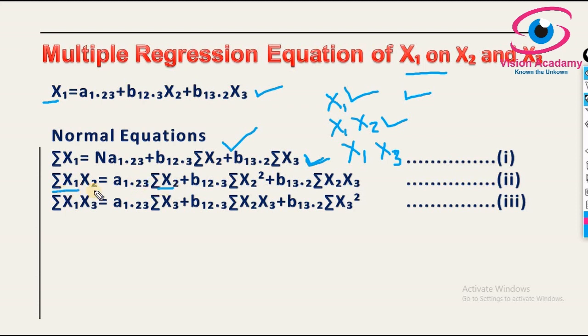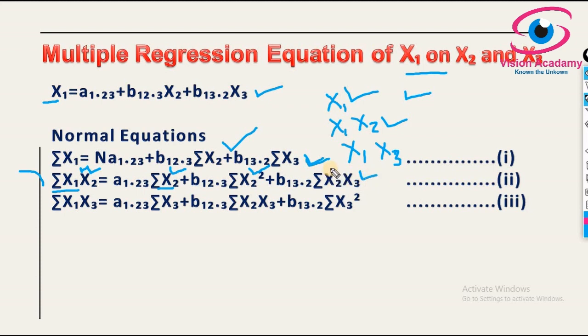Now we have to consider all the combinations relating to x2 in the case of the second equation. For example, firstly here I have taken summation x1 x2 and summation x2 relating to this x2, and here summation x2 square, which is relating to x2 only, and here summation x2 x3.